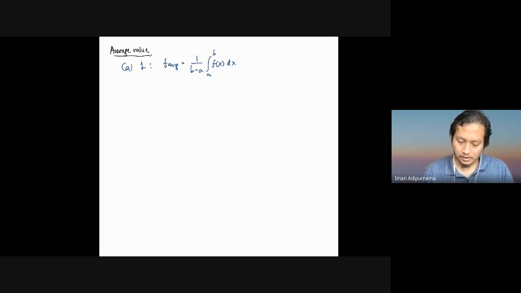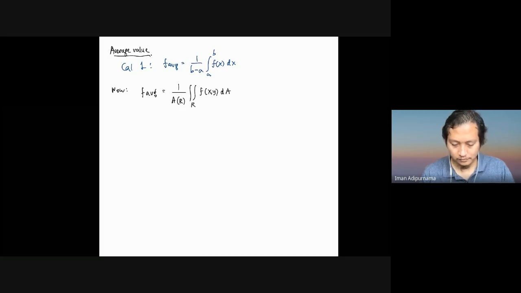But now, because f is a function of x and y, you have the area of R. And if the function is positive, the equation we can write, multiplied with the average, will be the double integral.